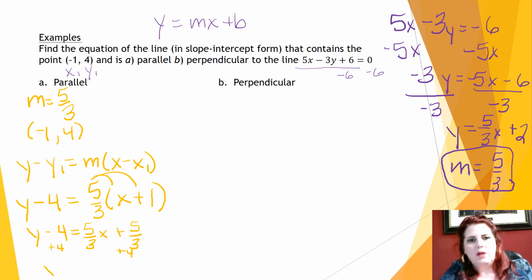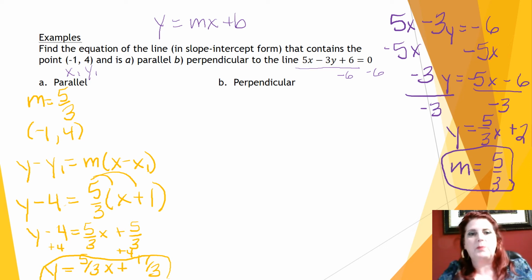I'm going to have y is equal to 5/3 x, and 4 is 12/3, and I'm going to add 5 more thirds to that, so it's 17/3. So there's the answer to the equation that's going to be parallel.